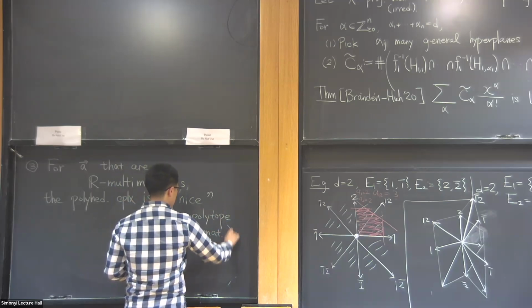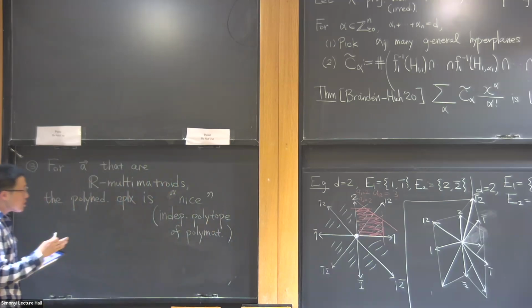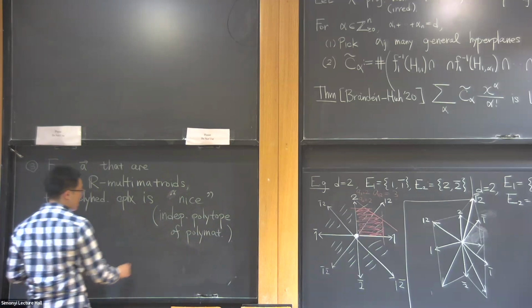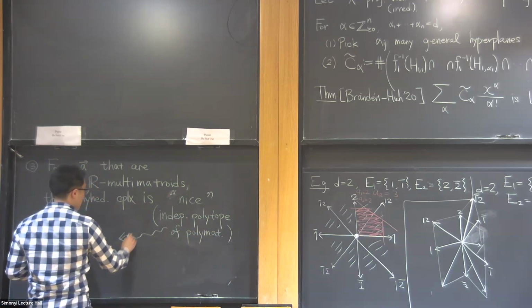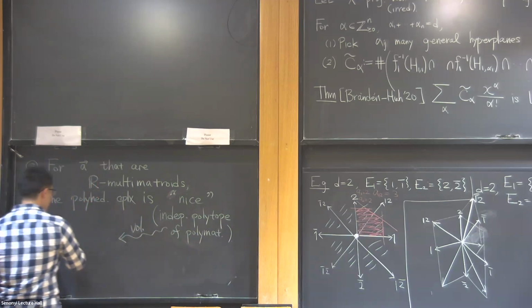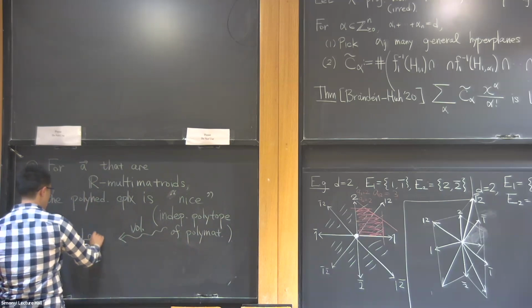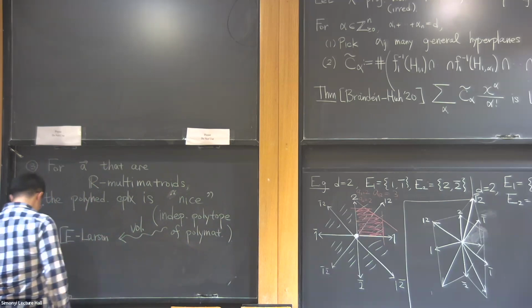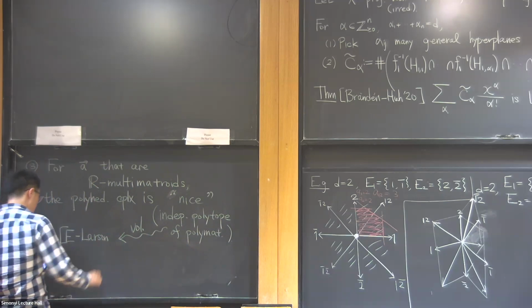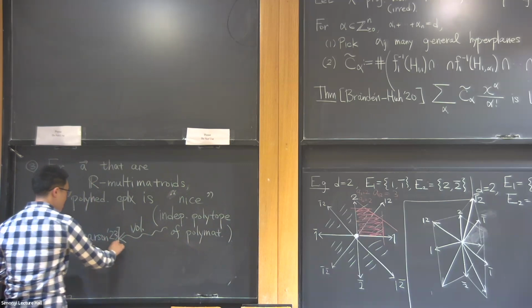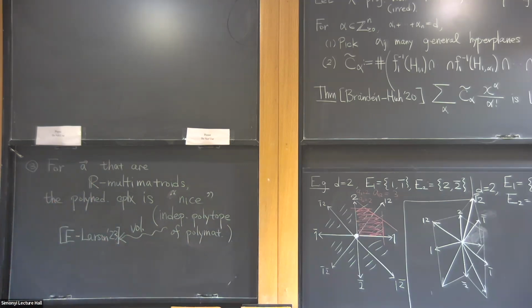So for such special A's, we really understand these polyhedral pictures well. And the volumes of these were computed in my work with Matt Larson, who's also here, also 23.